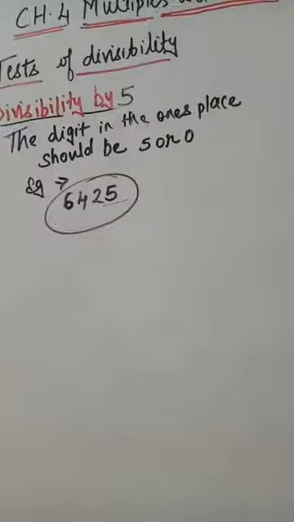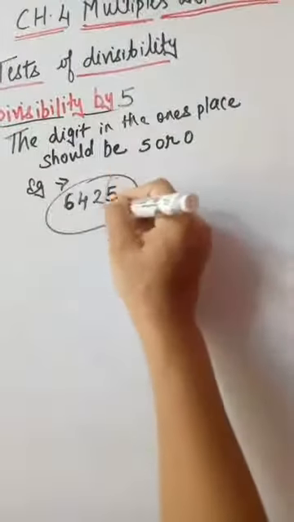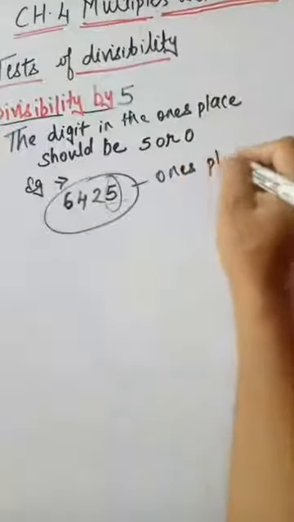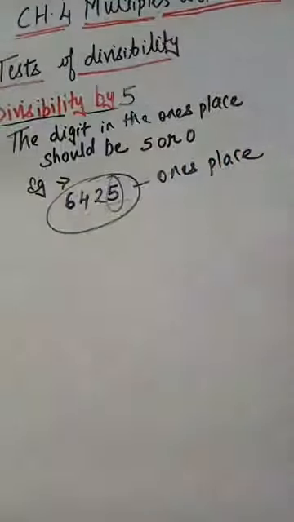We are not going to do the sum. You have started doing the sum. No sum. We are going to check only the last, the ones place. Ones place should be 0 or 5.